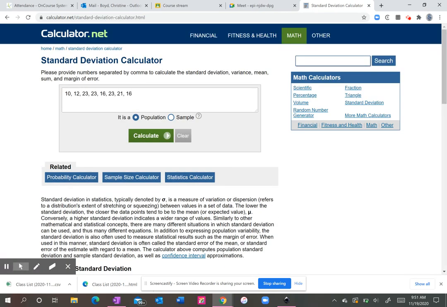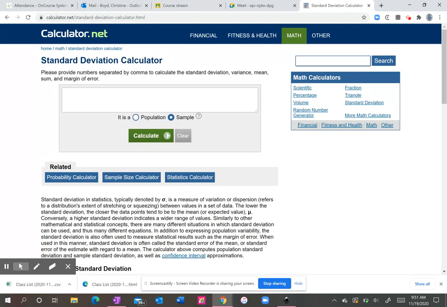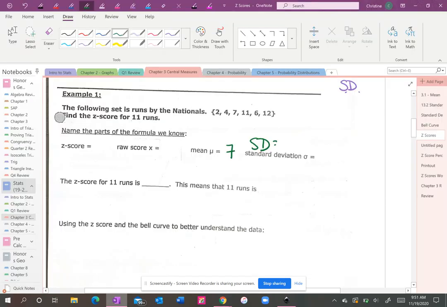Instead of doing this whole formula like we were doing in the past, I'm just going to put the numbers in. It is for a sample. We're always going to pick sample, by the way.